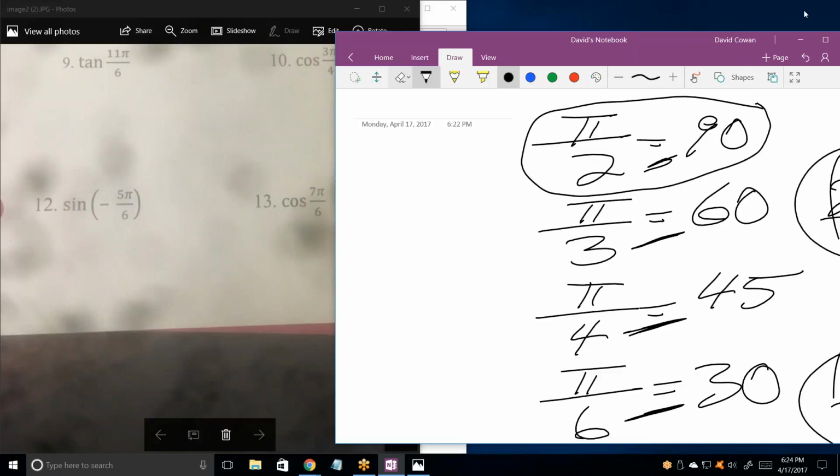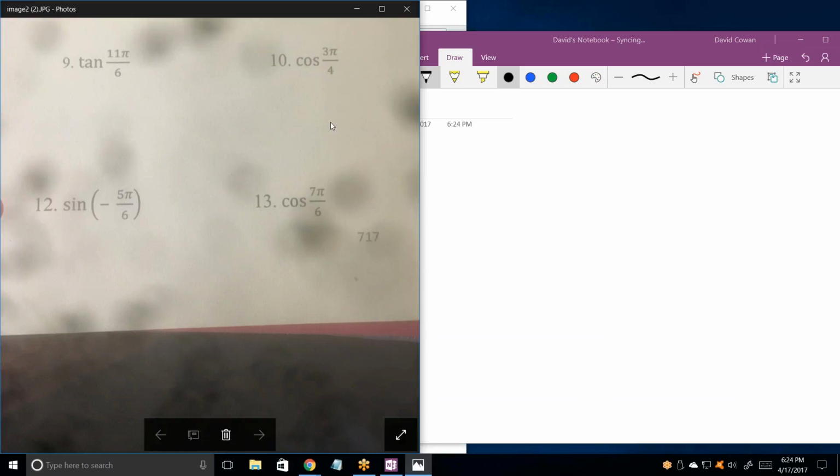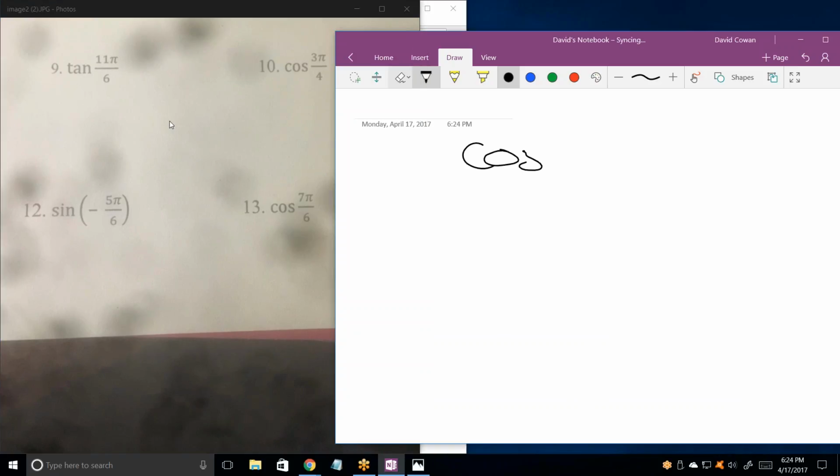Yeah. Like I said, you don't seem to have much problem with it, so I'm not going to focus a lot on that, but I did want to point it out. You did get this one wrong. Cosine of 7 pi over 6. What's the reference angle? Wouldn't that be 60 degrees? Subtract pi.